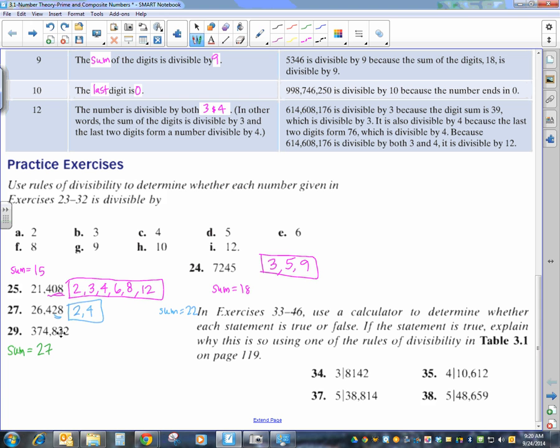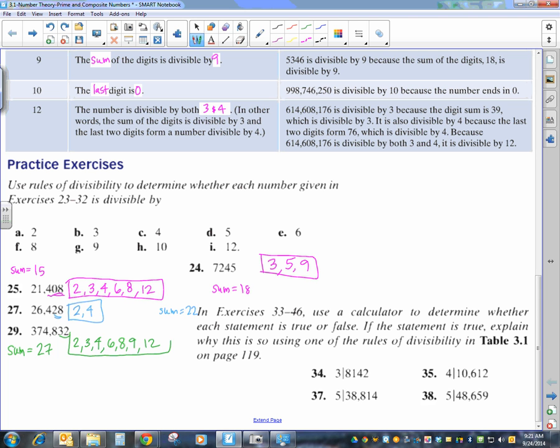It ends in an even number, so 2 goes into it. 3, 3 goes into the sum of 27, so it works. 4, last two digits, 32 is divisible by 4. 5, it doesn't end in a 5. 6, I have 2 and 3 in my list. 8, does 8 go into 832? Yes, it does. 9, does 9 go into 27? Yes, it does. 10, does it end in a 0? No. 12, do I have 3 and 4 in my list?